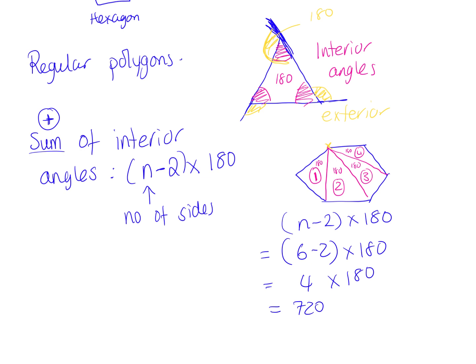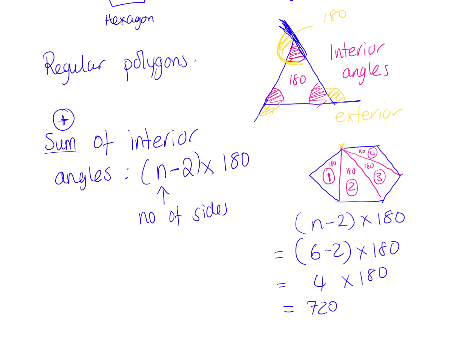Yep. Right, what I'll get you to do first is take down that first. Now, the other rule that we're going to use is the sum of the exterior angles, the ones on the outside.